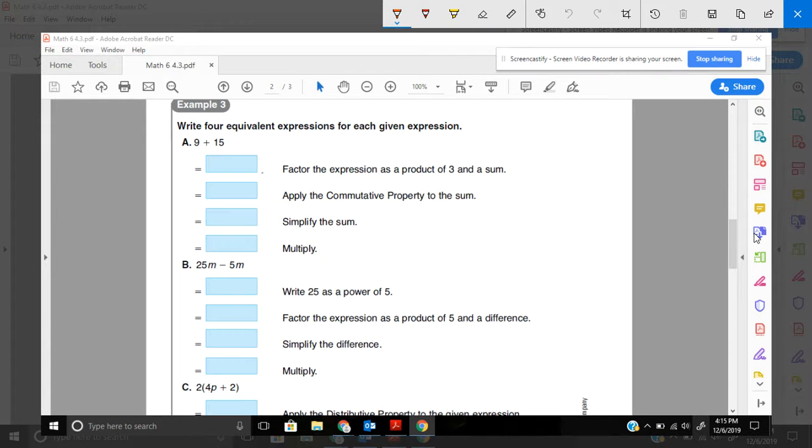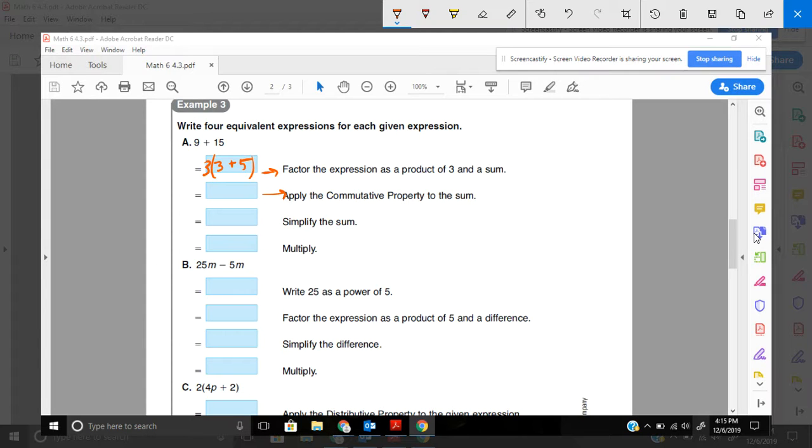So first it wants us to factor the expression as a product of 3 and a sum. So they want us to take 3 out of both of these numbers. Well, 9 divided by 3 would be 3, plus, don't forget about your addition sign, and what's 15 divided by 3? 5.